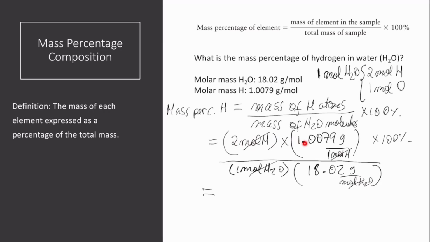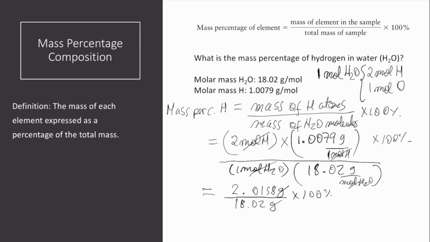So 2 times 1.0079 gives 2.0158 grams, and 1 times 18.02 is just 18.02 grams, and all of this is multiplied times 100%.